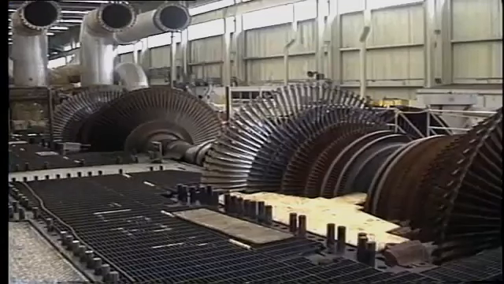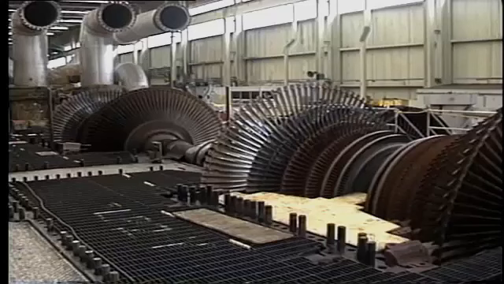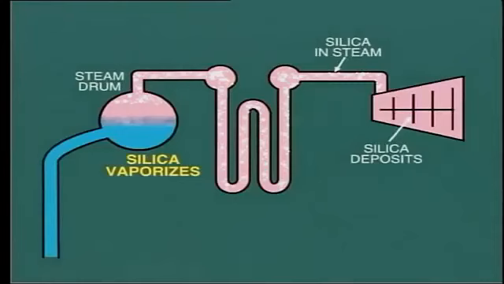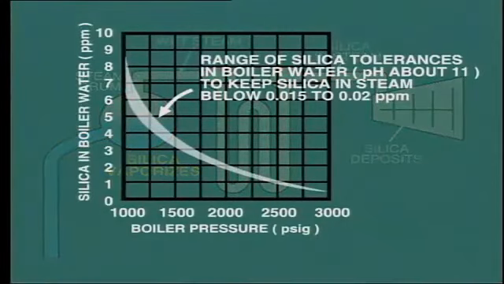The only cure is to shut down the turbine, remove the rotor, and mechanically clean the blades, usually by erosive blasting with a material such as aluminum oxide. In order to prevent these deposits, it is most important to keep the silica content of the boiler water below a predetermined limit, typically 5 ppm on a 1200 psi boiler.